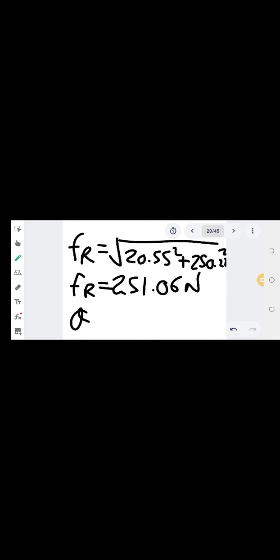Then what of theta? So theta is equal to tan inverse of the y component, which is 250.22, over the x component of 20.55. So what are we getting as theta?